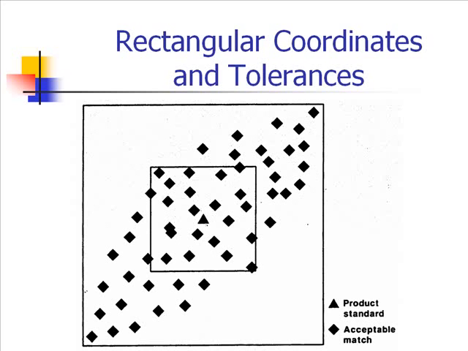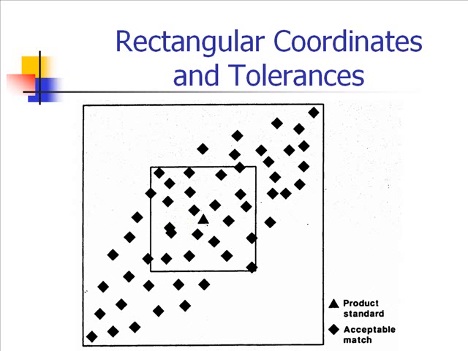The question is, if our standard is this triangle right here in the middle, and all of these diamonds represent acceptable batches, we want to set an A and B tolerance for this product. So we've got two choices.